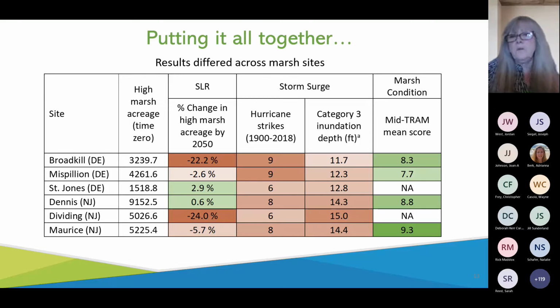And finally, we integrated this into a visual representation where the color coding is similar in terms of tone and degree of vulnerability for that metric. And it let us look across all 4 factors that we are contributing to our vulnerability assessment, in this case, across by sites, and then compare within sites and between sites.